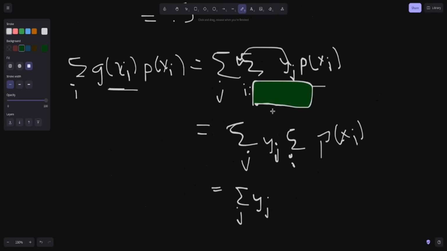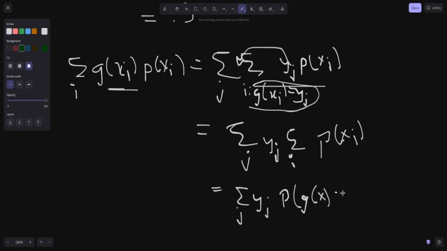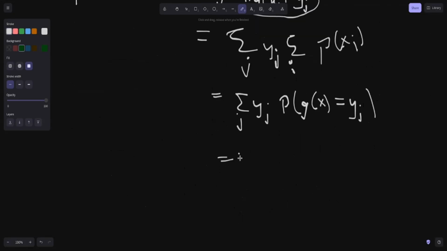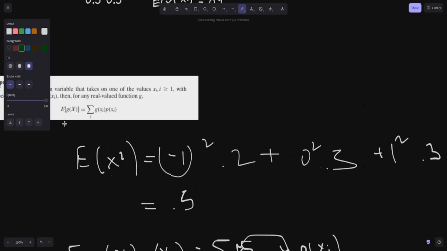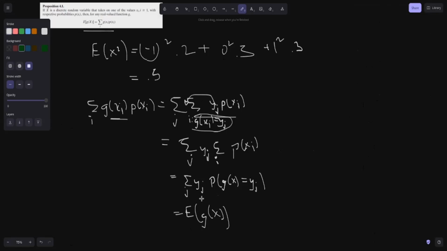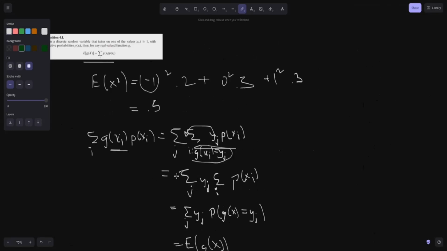Value of i is nothing but yj. So this becomes P of g(x) such that it is yj. Okay, so this becomes the expectation of g(x). See, so we derived this. Simple logic, not that hard to understand. It's a very simple logic how we derive this. Okay, so now this is basically what expectation comes out to be.